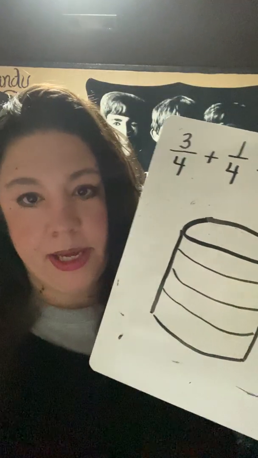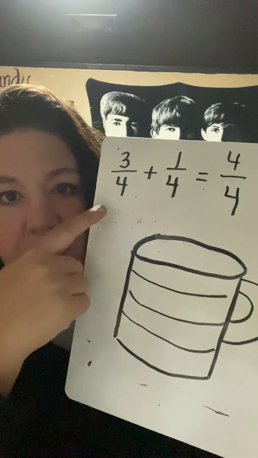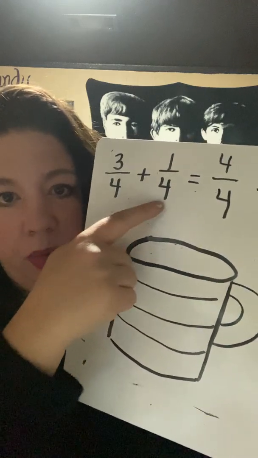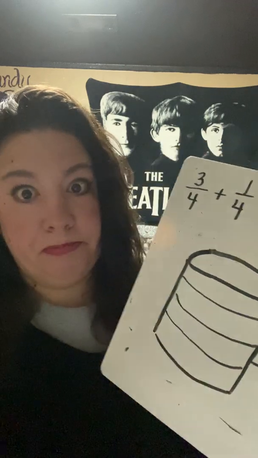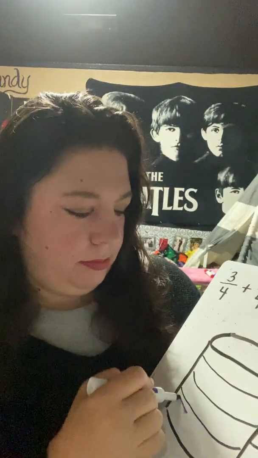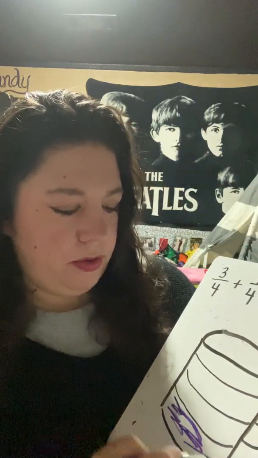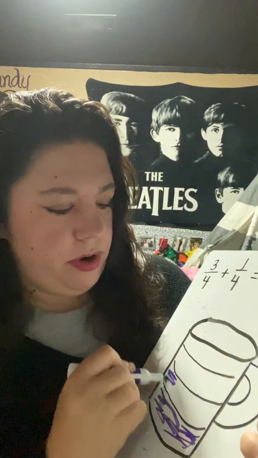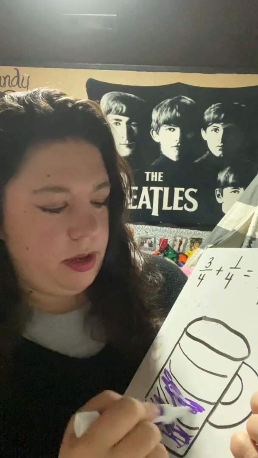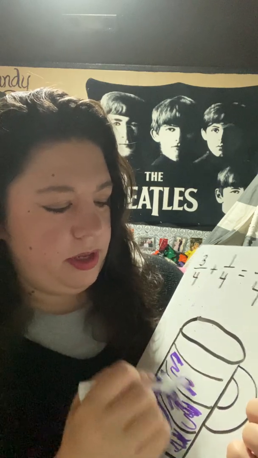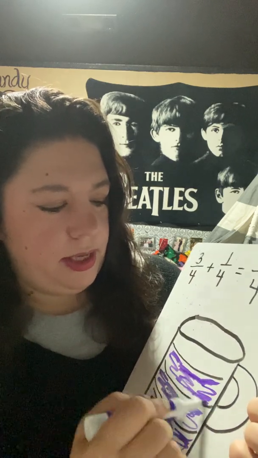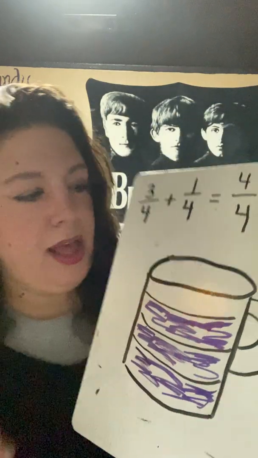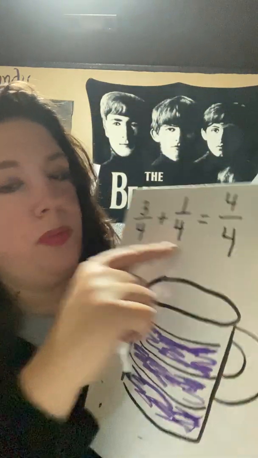What would happen if we took 3/4 of flour and added 1/4 of flour to it? Let's do 1/4 plus 1/4 plus 1/4 to equal 3/4. That's the first number. And then let's add on one more 1/4.